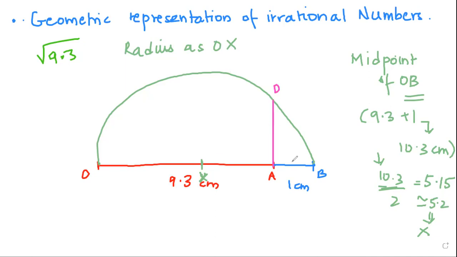Now take AD as your radius. Second radius is AD. Place it at A and draw an arc. So you'll get some line like this here. If you draw an arc, you'll get an arc here like this.